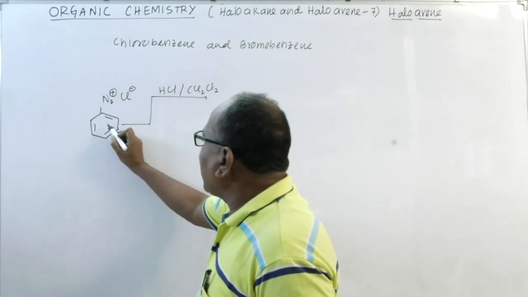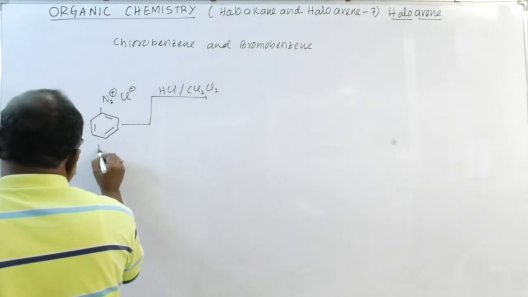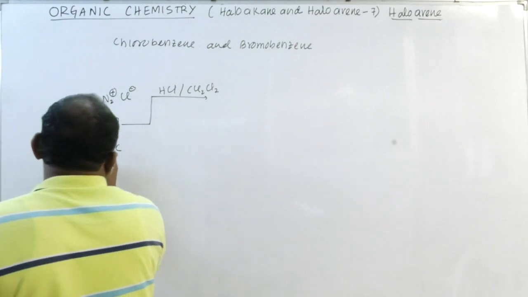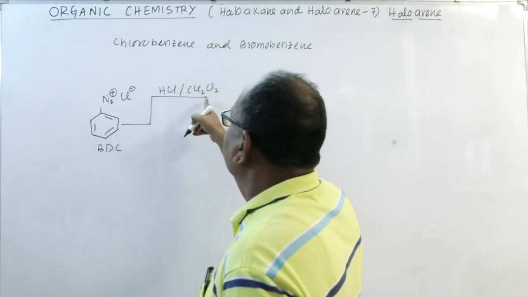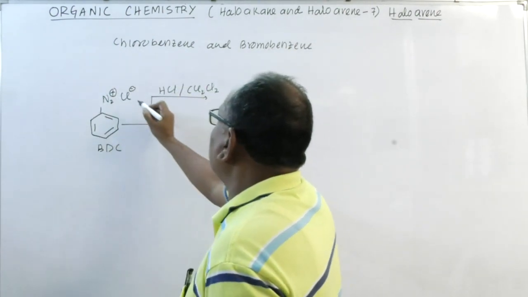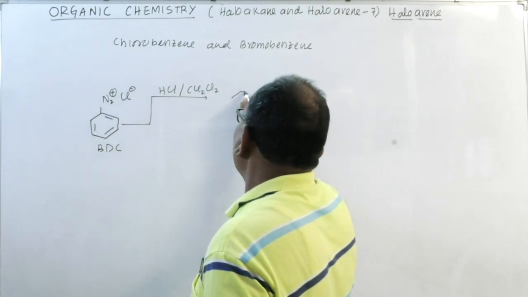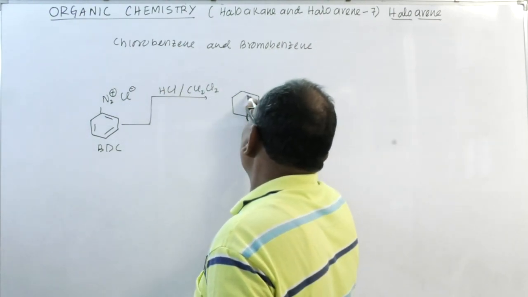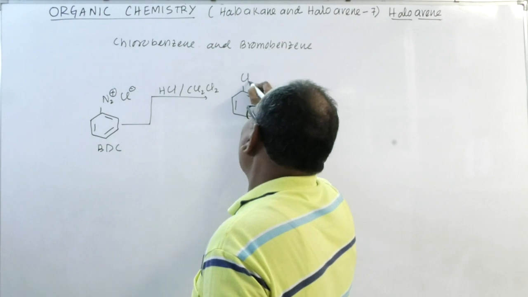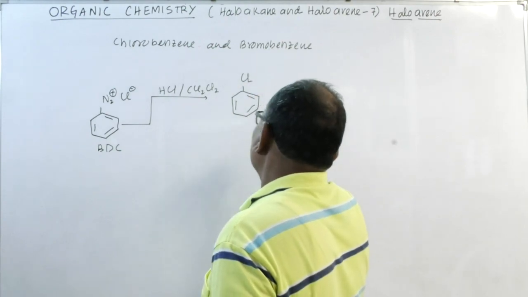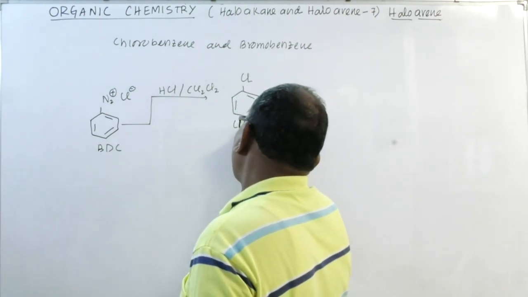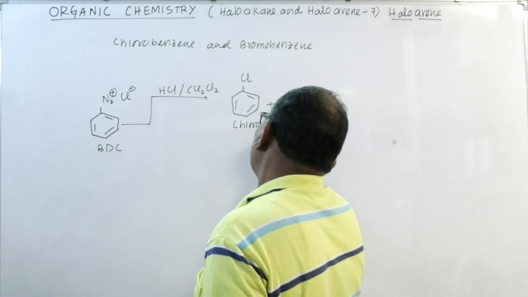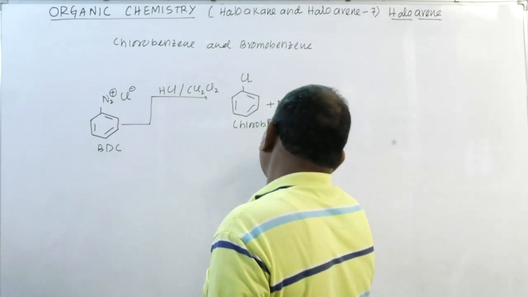So the BDC, that is benzene diazonium chloride, when treated with HCl in presence of cuprous chloride, this group will be replaced by Cl and N2, and this is your chlorobenzene.